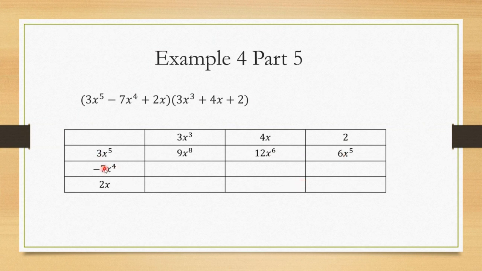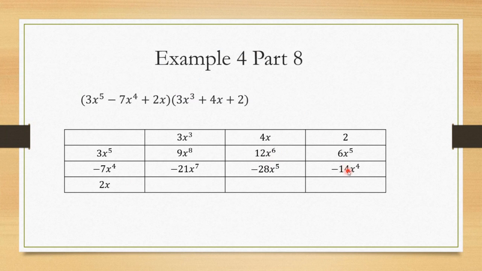But now we have minus 7x to the 4. So minus 7x to the 4 times 3x cubed, that's minus 21x to the 7th. Here, times this, minus 7x to the 4 times 4x, we get this. Next, we have minus 7x to the 4 times 2.